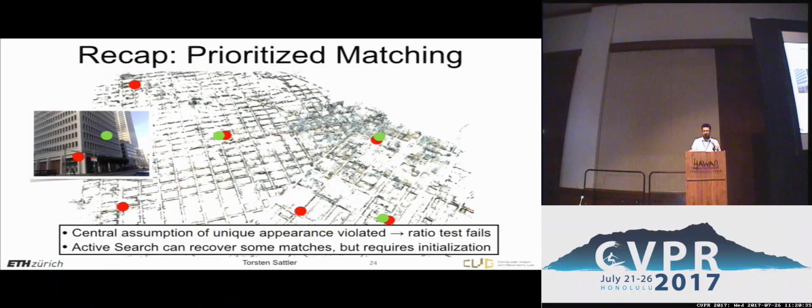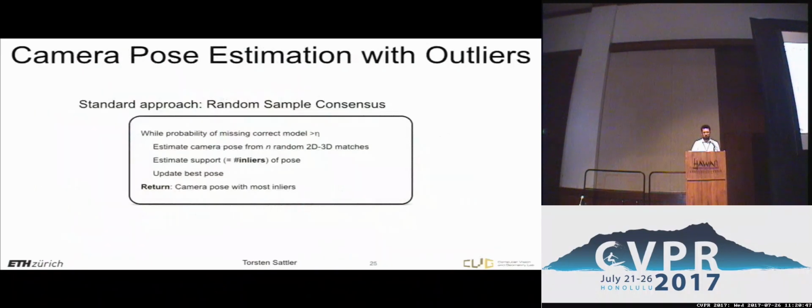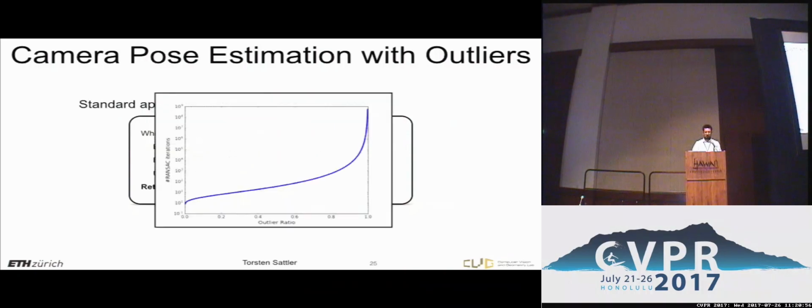So what's typically done then is that you will accept more and more wrong matches to make sure that you recover enough correct ones. But this then causes problems during pose estimation, because the standard approach of RANSAC, of randomly sampling sets of matches, doing pose estimation, evaluating them, has an exponential increase in the number of samples that are needed with the outlier ratio.